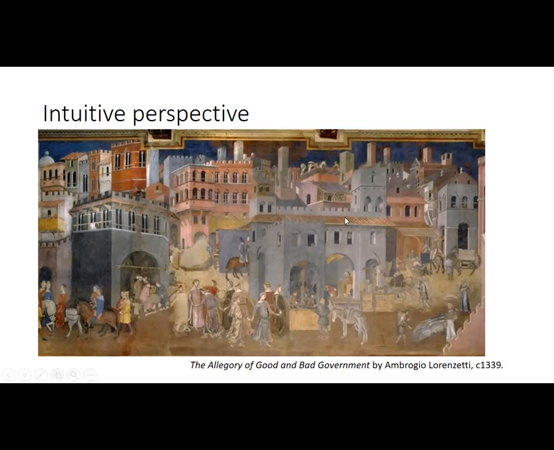This was constructed with an intuitive idea of linear perspective, but not a fully realized linear perspective, because that happens in the Italian Renaissance. And so that's going to happen 200 years after this painting was painted. So we have some idea of linear perspective, but not a complete idea of linear perspective here.